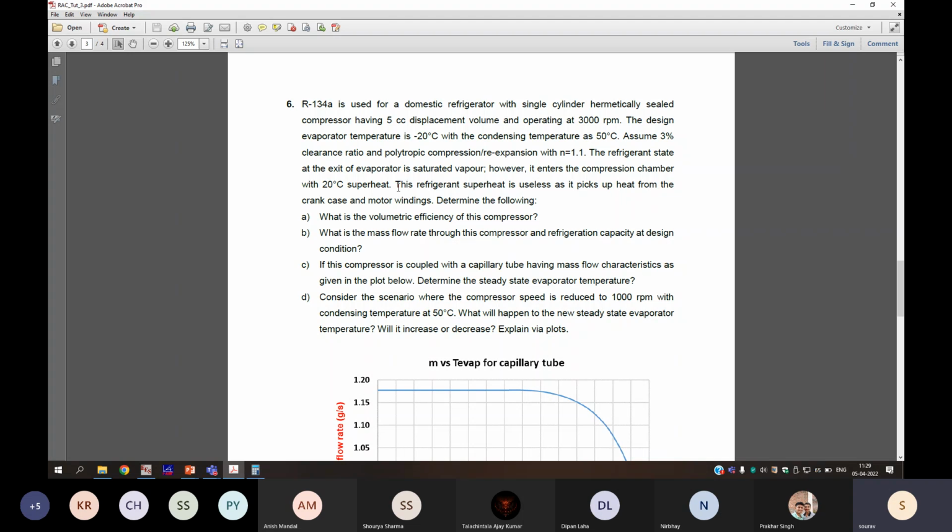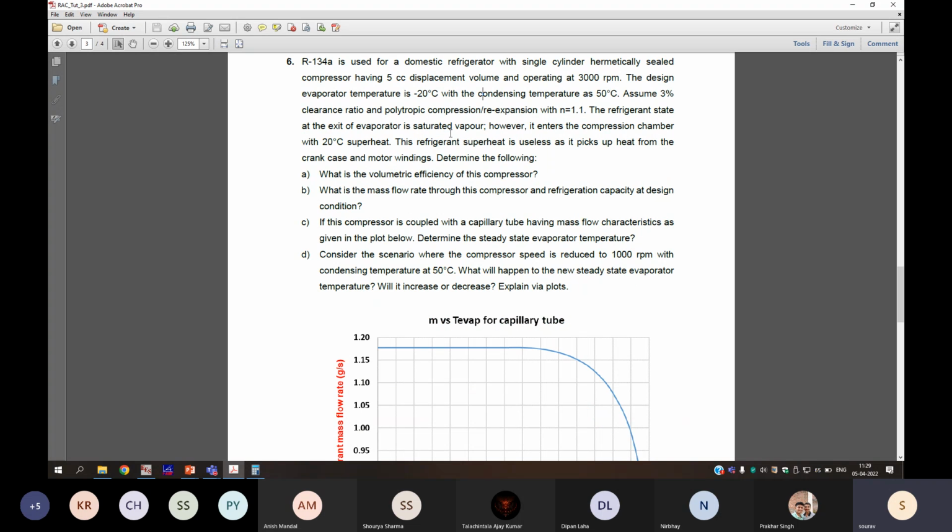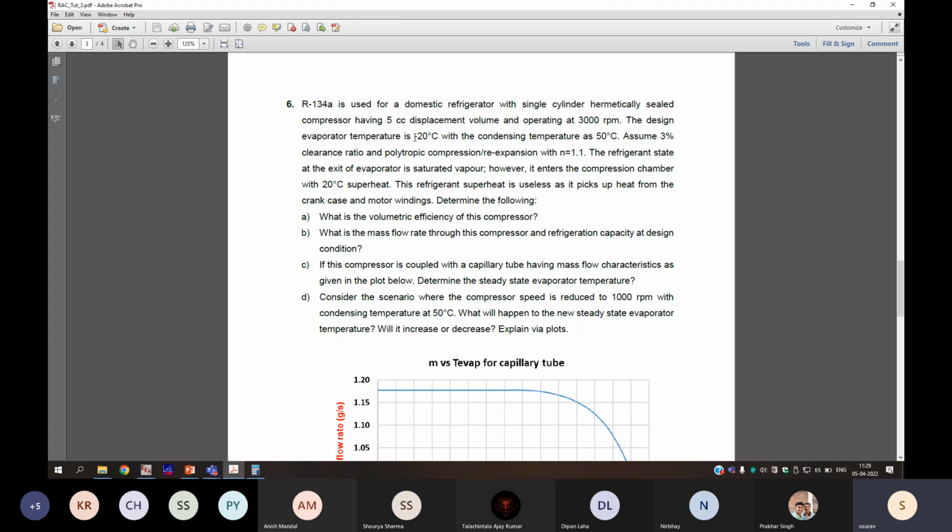It is given that the refrigerant superheat is useless as it picks up the heat from the crankcase and motor windings. Now determine the following. What is the volumetric efficiency of this compressor? For volumetric efficiency, you check the formula. You have all the information here. For the pressure ratio, you check the saturation pressure at -20 and the saturation pressure at +50, and take the ratio. N is given, clearance ratio is given.